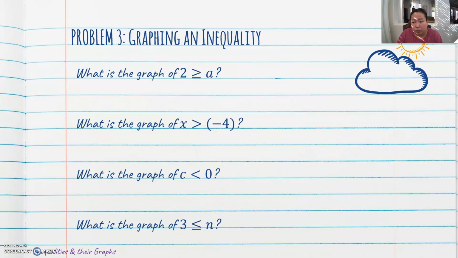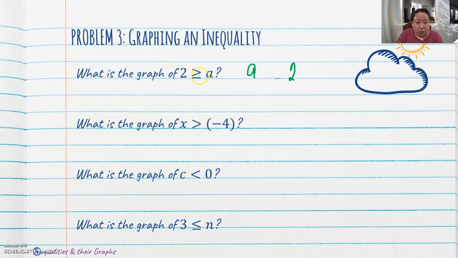Just like when we were working with equations before, we are so used to having the variable on the left side, so it will be a lot easier to do the graph and to follow which direction of the arrow to use. So in this case, we can rewrite our 2 greater than or equal to A. We can have A on the left side and then 2 will be on the right side.